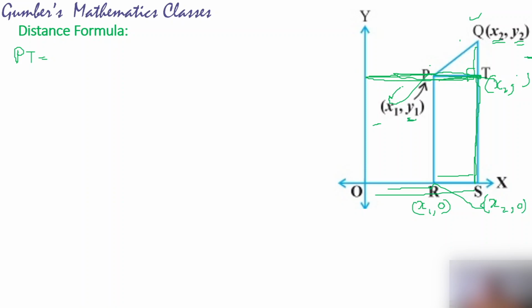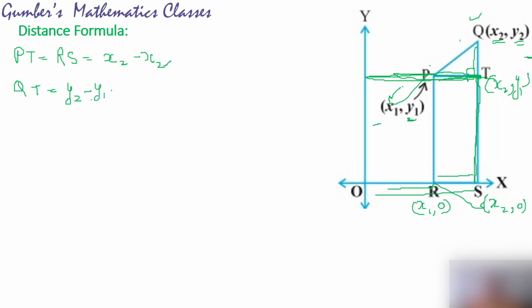The coordinates of point T are x2, y1. Now let's find a few of the distances. PT is equal to RS, and this RS is equal to x2 minus x1. From the figure on the x-axis we can find this. Second, we want QT. QT is equal to, as the coordinates are present over here, y2 minus y1.